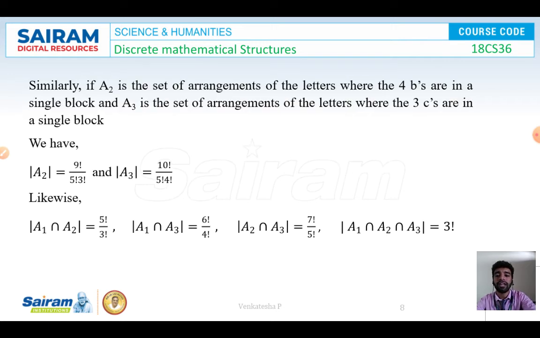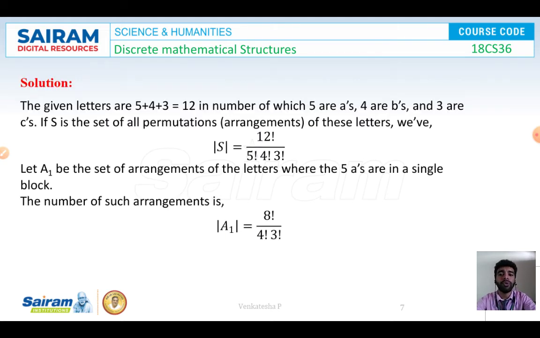Similarly, to find A1 intersection A2, A1 intersection A3, A2 intersection A3: in A1 intersection A2, I will be taking all the A's in a single block and all the B's in a single block. I will now be having 5 items. So 5 factorial by 3 factorial is the order of A1 intersection A2. For A1 intersection A3, I will be taking all the A's in a single block, all the C's in a single block.